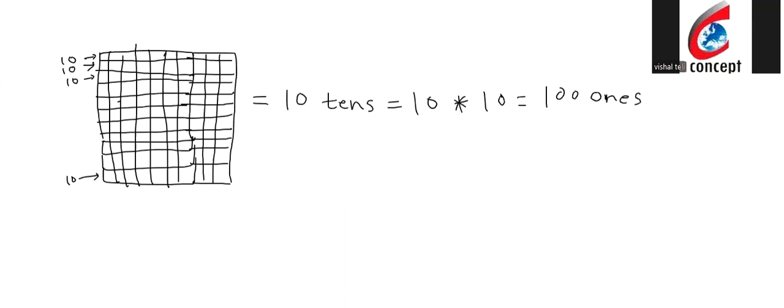Likewise, we can draw small boxes now. Let me clear this page. Now, I'm not going to draw the smaller lines inside. So you can assume this is 100, and this is another box, which means another 100. How many boxes? Look at here. This is one, this is two, and this is three.